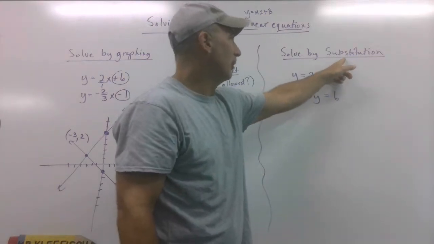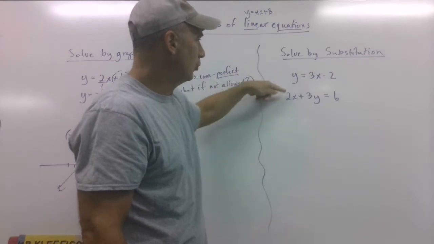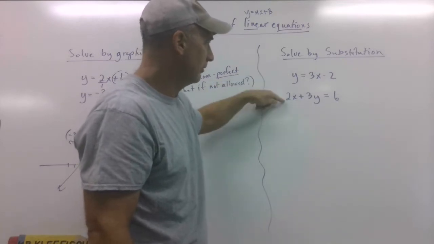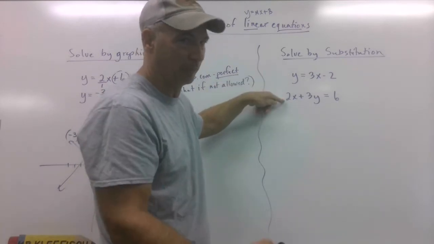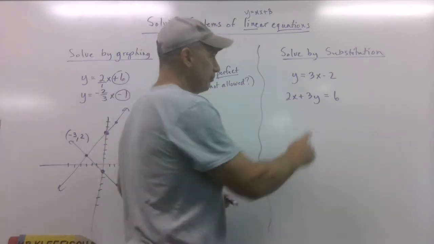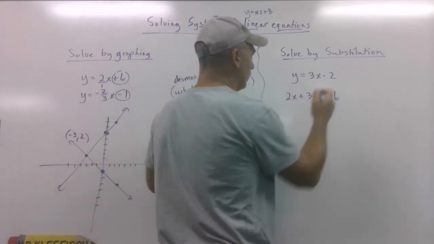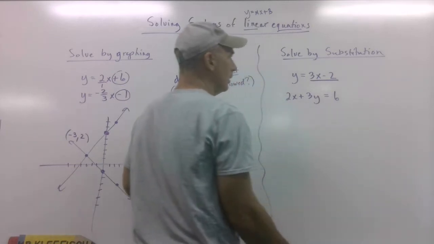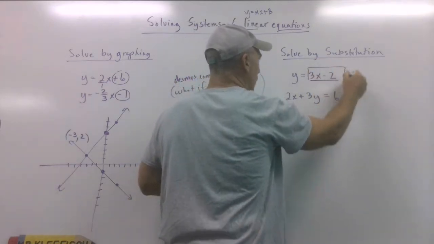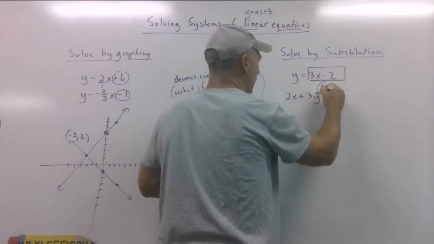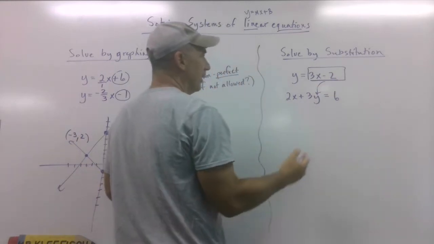This is substitution. Now, why does substitution work best in this? By the way, you don't have to use substitution, but see how this says y equals 3x plus 2? All I'm going to do, because this equals y, is put it in the other one and substitute.